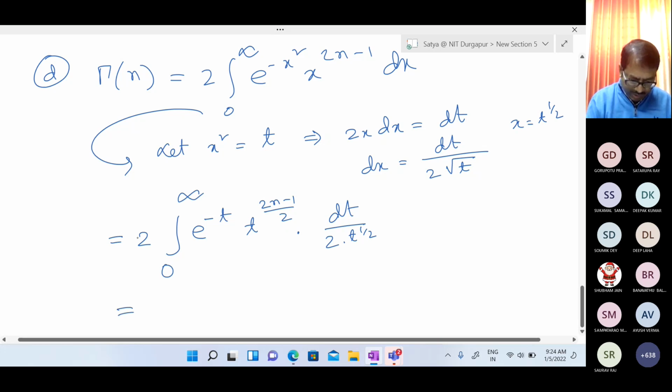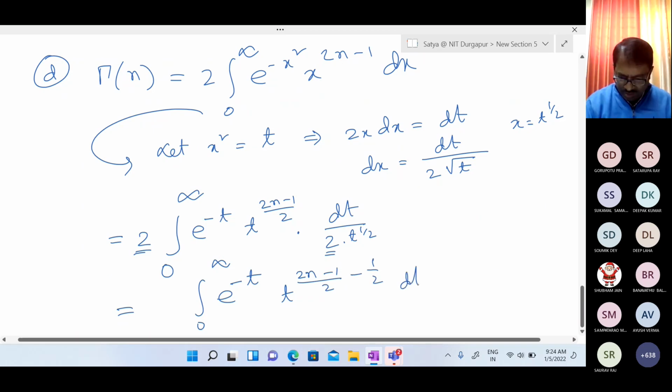Now these two can cancel. So the integration from 0 to infinity of e to the power minus t, and now t to the power 2n minus 1 by 2 minus half dt.